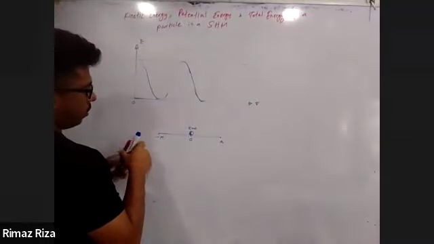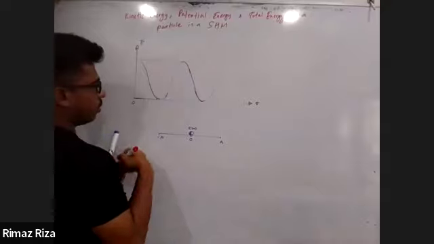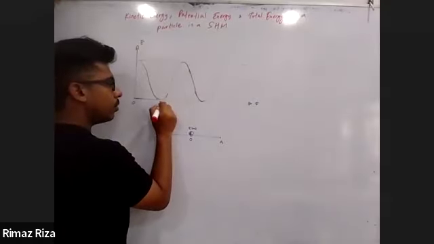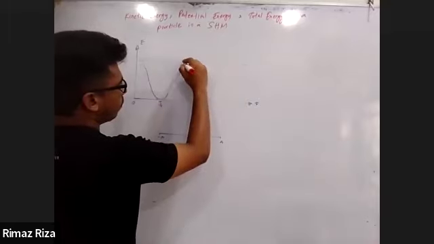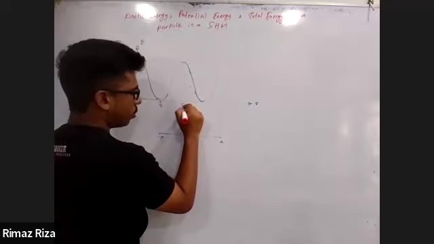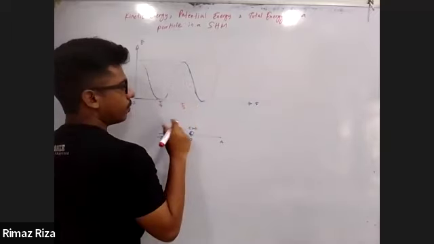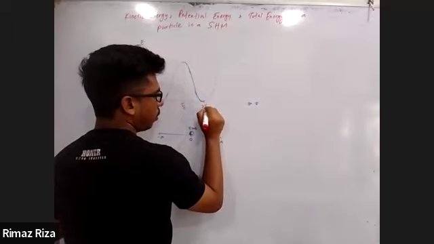So the time here is, let's say, T over 4. And here the time is T over 2, half the period. And this will be 3T over 4.